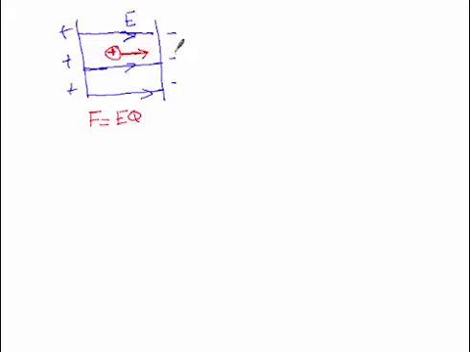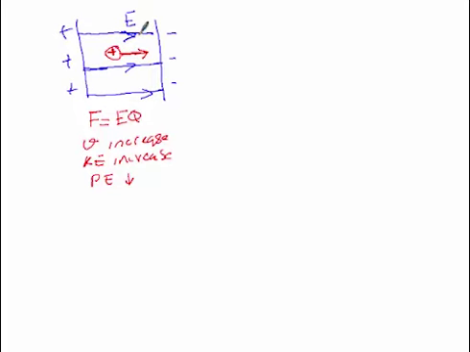Since V will increase, the kinetic energy will also increase. So in this case, the kinetic energy is increasing and the potential energy is decreasing when the positive charge is going in the same direction as E.